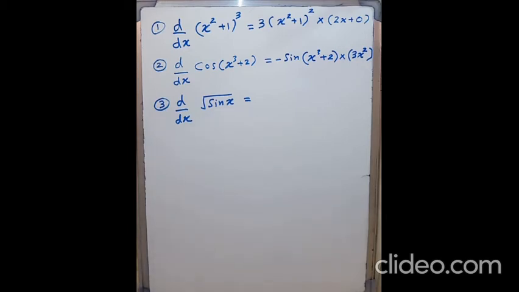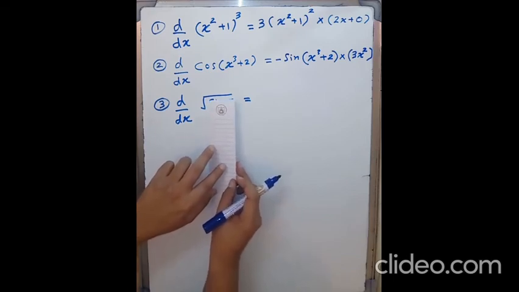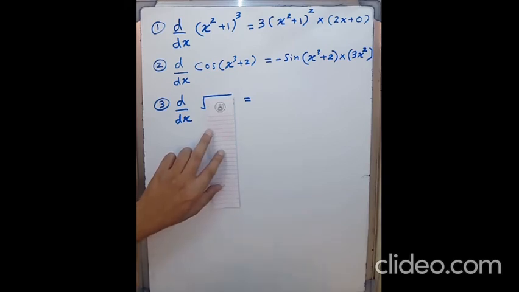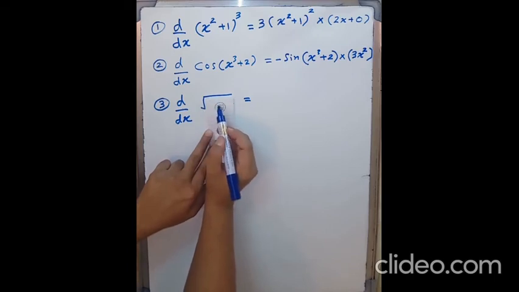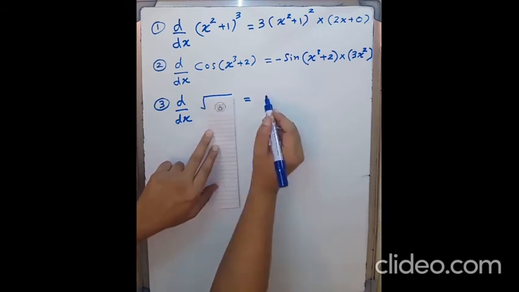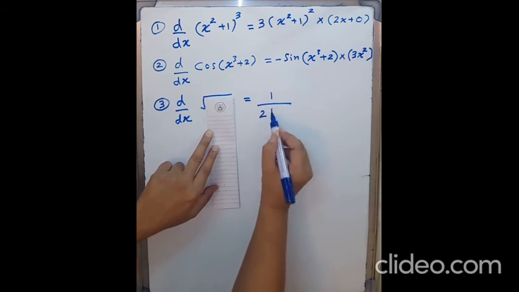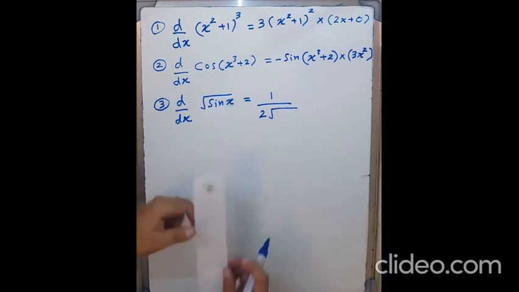Therefore, in this question, I will put t as sine x. So this sine x let us hide. Now we have in our mind square root of t, and we know that derivative of square root of t is 1 by 2 root t, and our t is sine x.